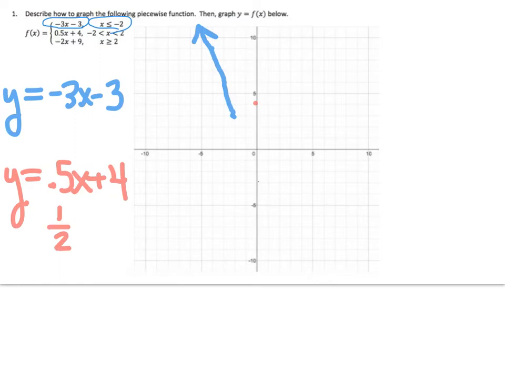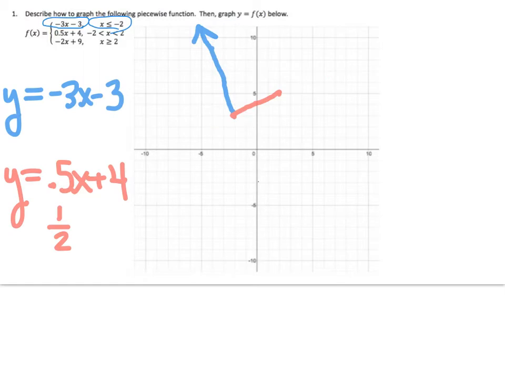So I'm going to go up 1 over 2, up 1 over 2, up 1 over 2. And I go down 1 over 2, down 1 over 2. My domain is negative 2 to 2. So really, I can only use those values of x. So it would be right from there to there. And I'm actually going to erase all of those dots.